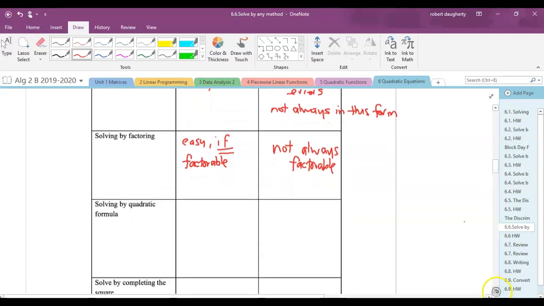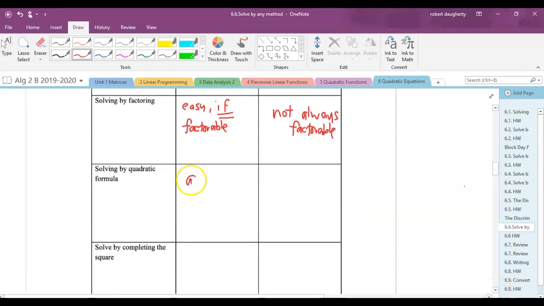What about the quadratic formula? It always works. What do people not like about it? Lots of arithmetic, and you have to remember a song. The song, okay?